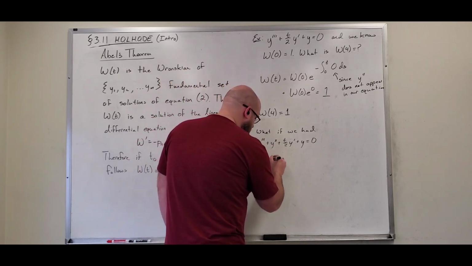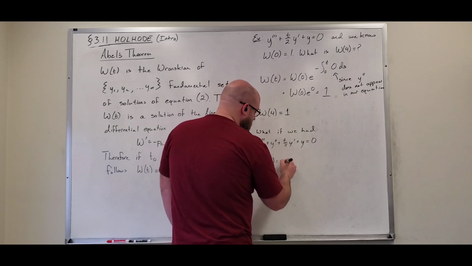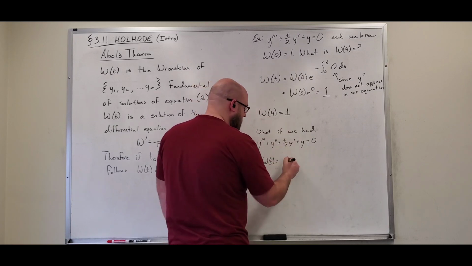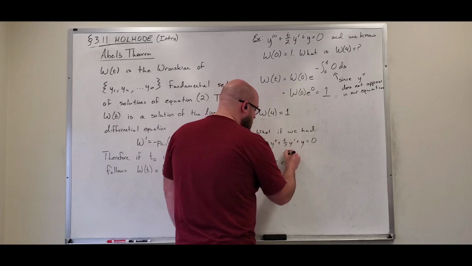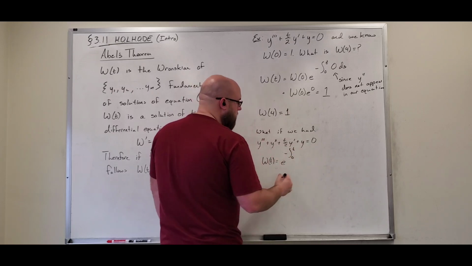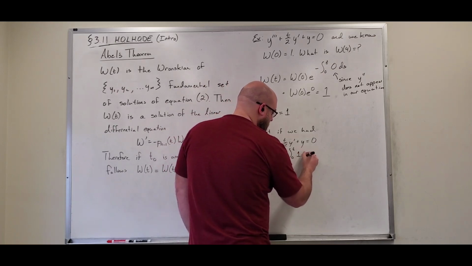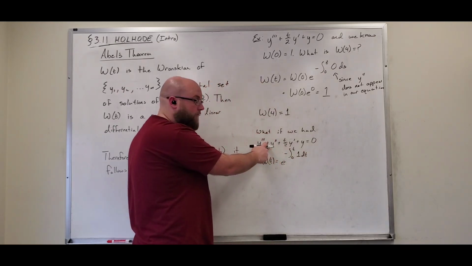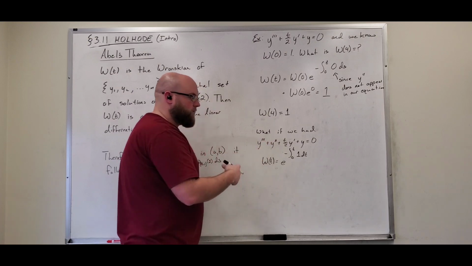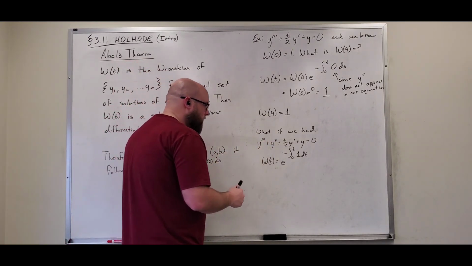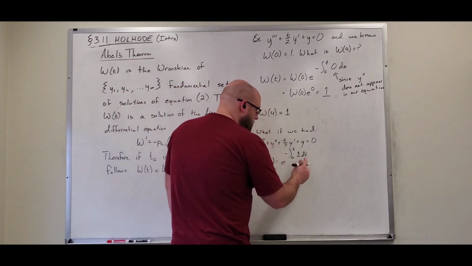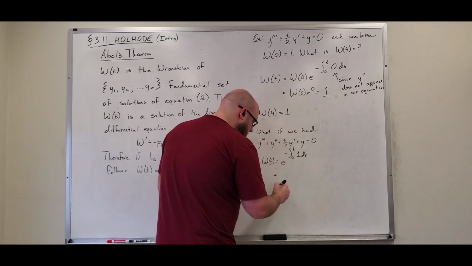So W sub t would equal W sub 1, so I'm going to go ahead and plug 1 in there: e to the negative integral from 0 to t of 1, because that is the coefficient out in front of here. It could be a function of t, it could be a constant, whatever it happens to be. And sorry, this is ds here.